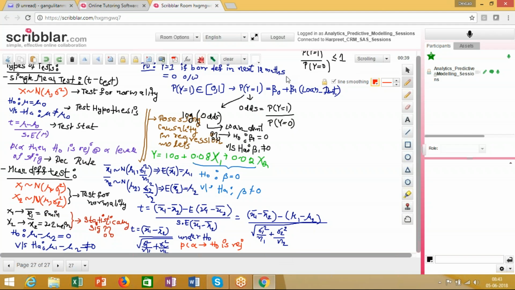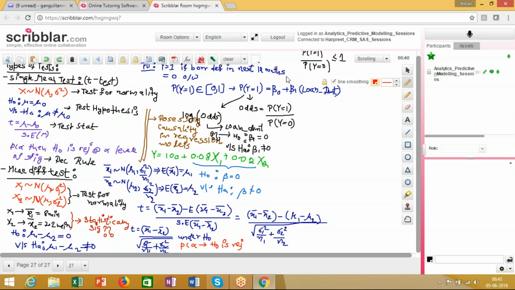From here, the next part of statistics that we need to understand is: what are the different ways, the different possibilities, of performing mean difference tests? What are the different mean difference tests?